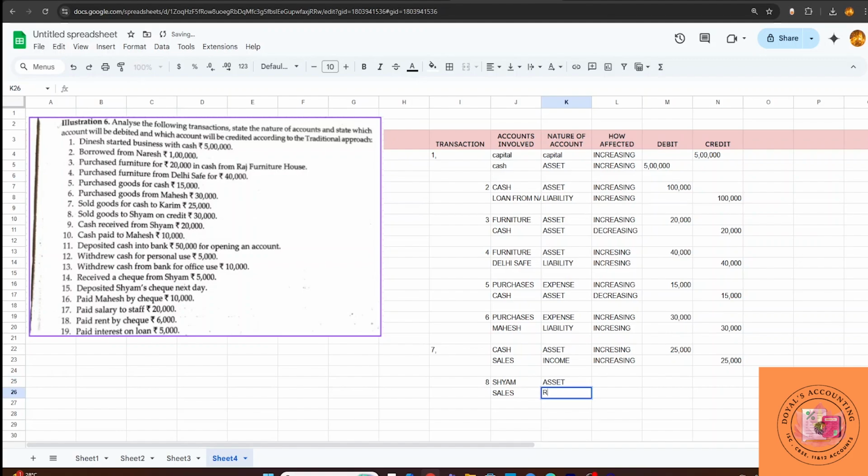And sales is revenue. Asset is increasing. Sales are also increasing. What is the amount? 30,000. So as an asset is increasing, it will be debited, and revenue or income is increasing, it will be credited.